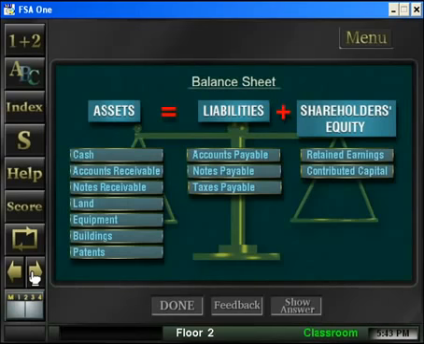Here is a listing of typical categories which you would find on the balance sheet of a company.